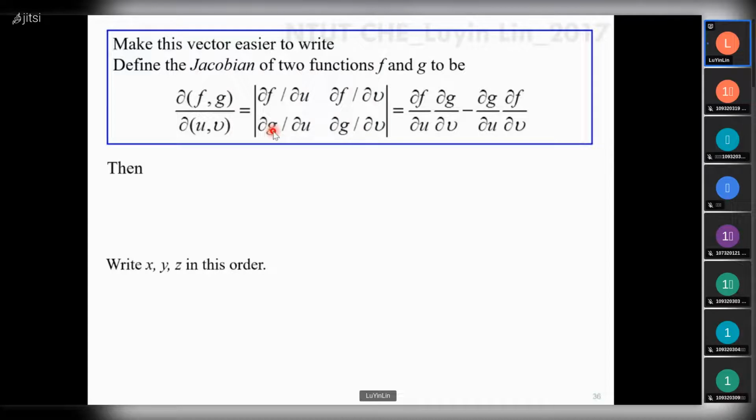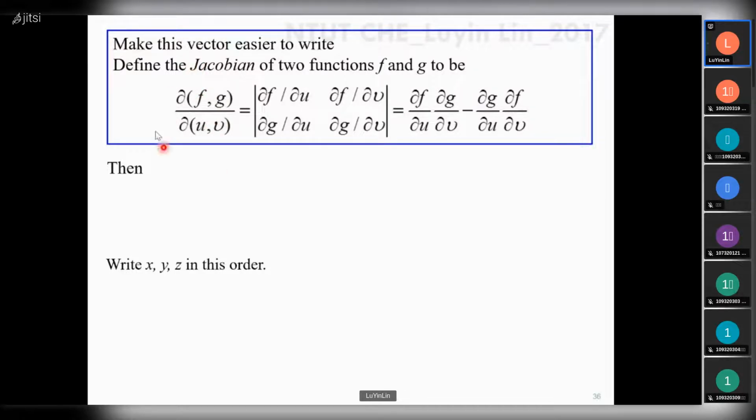This is called the Jacobian of two functions. I think I have told you about the Jacobian of two functions before. Let's see how to define it. It is the partial differential ∂(f,g)/∂(u,v).